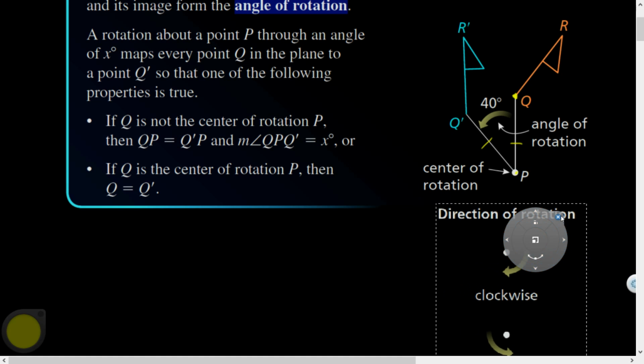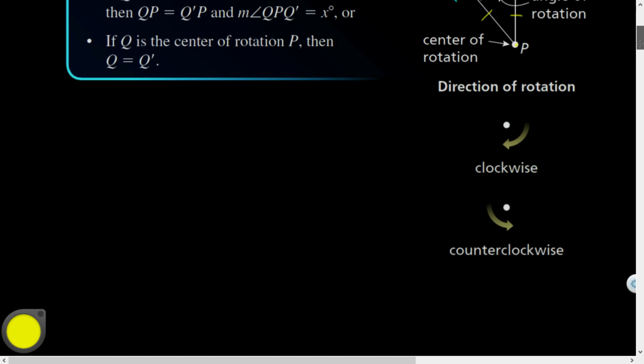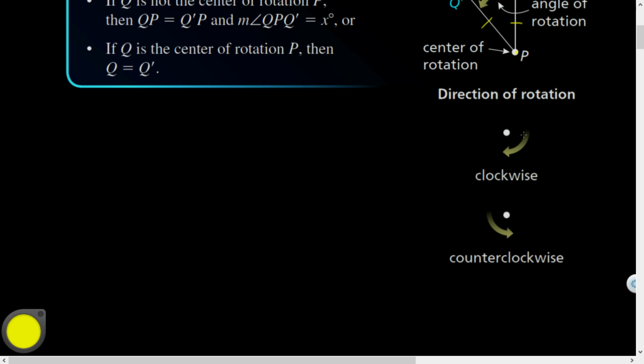Clockwise is based on the way the minute hand moves around the clock. Clockwise would be a negative angle, and counterclockwise would be a positive angle. That's perhaps counterintuitive, so I figured I would explicitly communicate that for you.